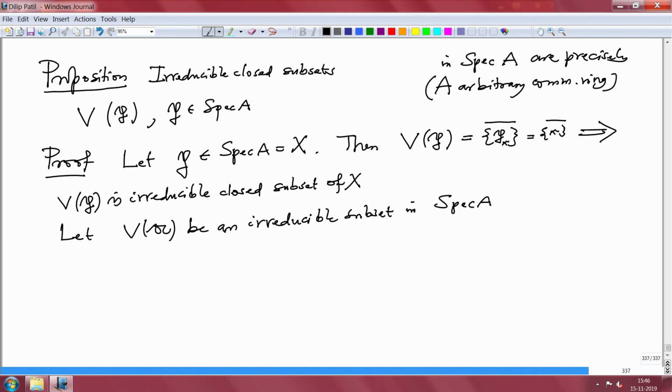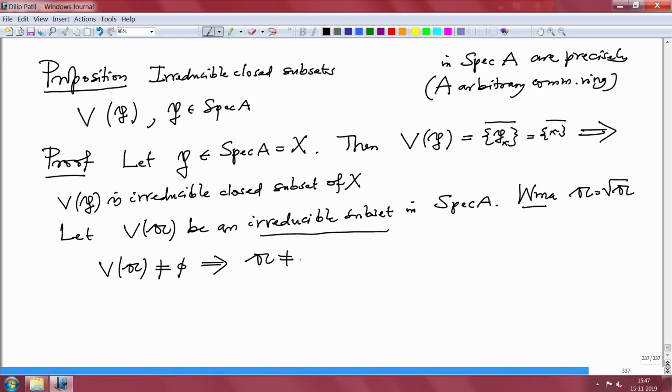Now we assume that A is a radical ideal. We may assume A equal to radical of A, because if I replace A by radical of A, this V will not change. Now I will prove that A has to be a prime ideal. So, it is an irreducible subset, therefore V(A) has to be non-empty by definition of irreducible, and this proves first of all A is not the whole ring, that is a requirement for A to be a prime ideal.